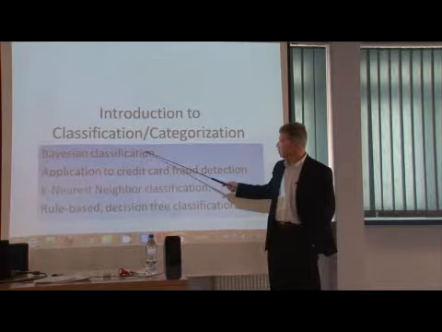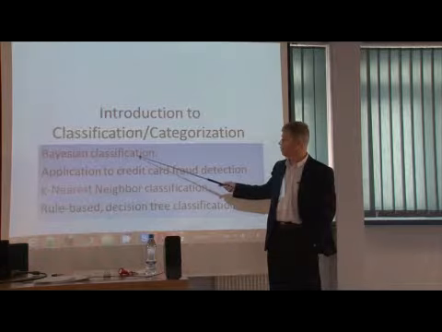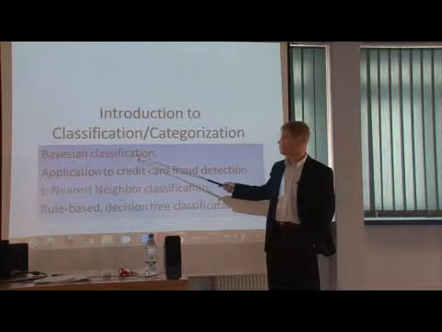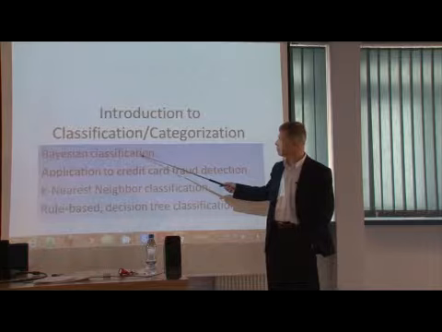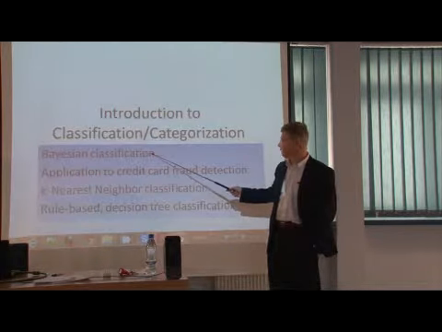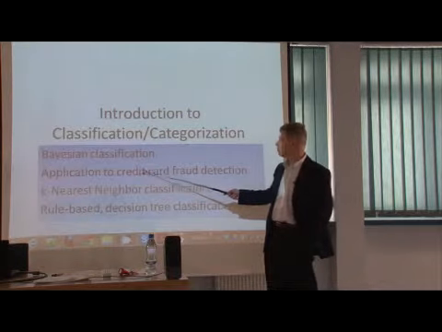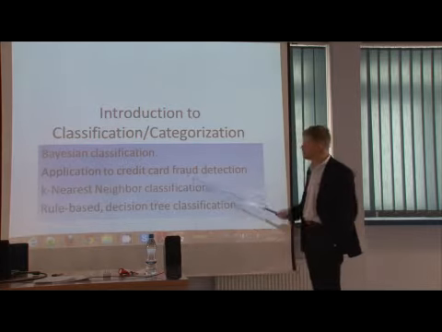So as a general concept, we're going to see some demos, or at least, I have the demos and they are somewhat visible on the screen, but they're going to be available for you to view offline. We're going to see some application of classification to credit card fraud detection.